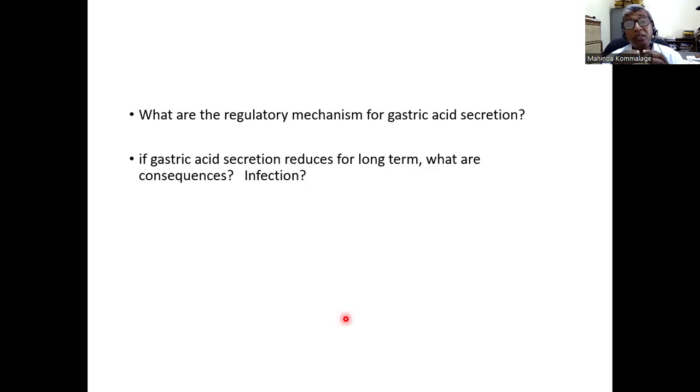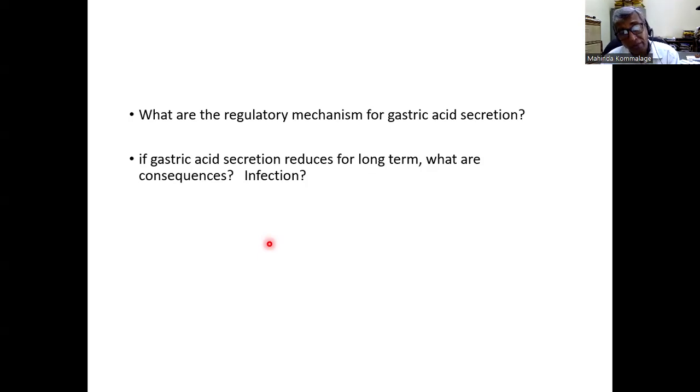If the gastric acid secretion increases or reduces for a long time, what are the consequences, right? Of course, sometimes acid will destroy the bacteria, right? So some bacterial infection can increase if somebody inhibits acid secretion for a long period, then that is one possibility.